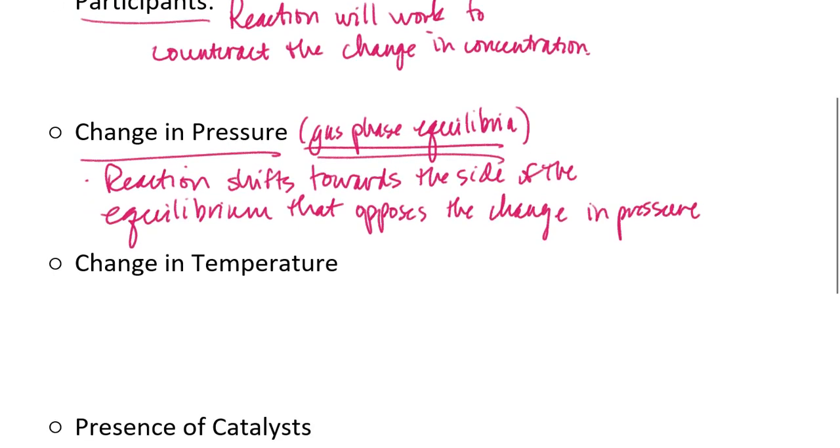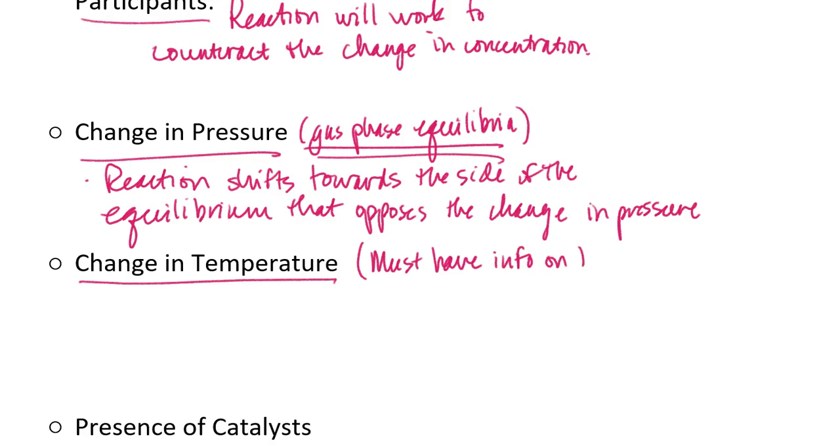If I have a change in temperature, then to assess it we're going to need some idea of the heat of reaction. If I change the temperature of the equilibrium system, then the system will shift in such a way as to utilize the heat of reaction to return to the initial state.